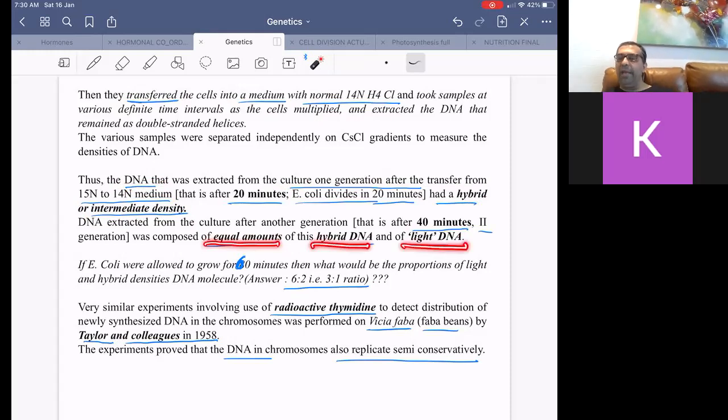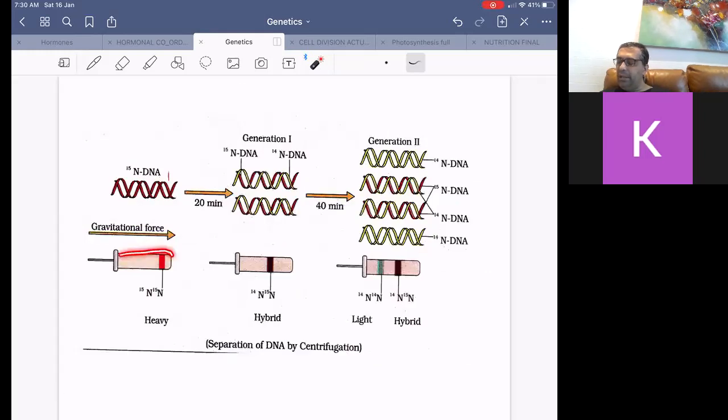So, what is the meaning of this? This is the cesium chloride with the N15 N15 original strand. They took the N15 N15 DNA, put it in cesium chloride and allowed it to undergo centrifugation. The DNA settles at the bottom level.